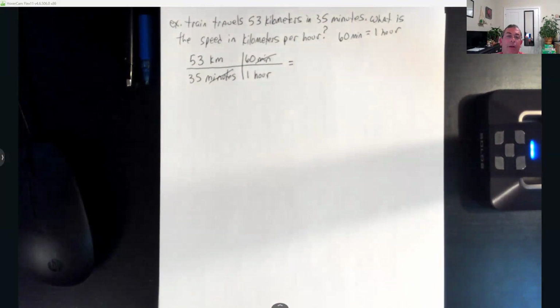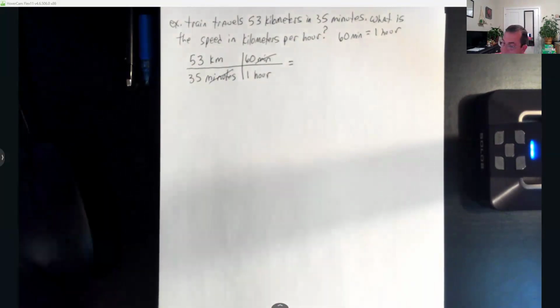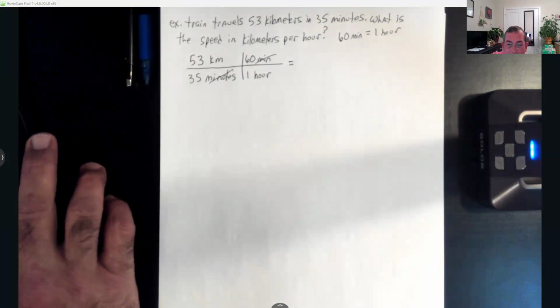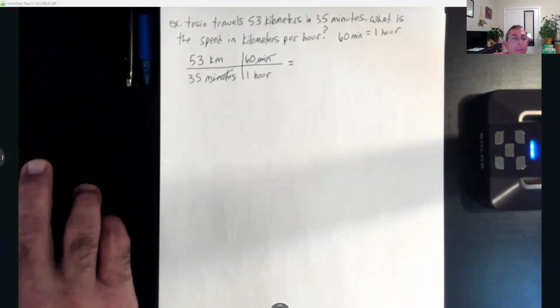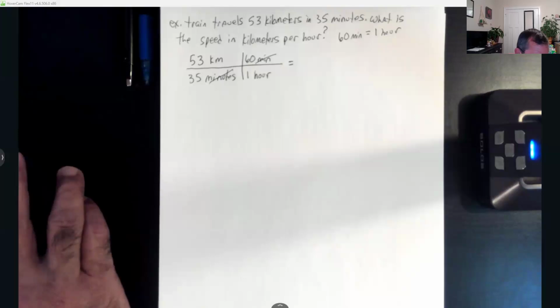All right, y'all. So the only thing to do is multiply the top, then divide by the bottom. So we got 53 times 60. And then we divide that answer by 35. And y'all, let me see how they wanted this one rounded off. They want us to round it to the nearest tenth.